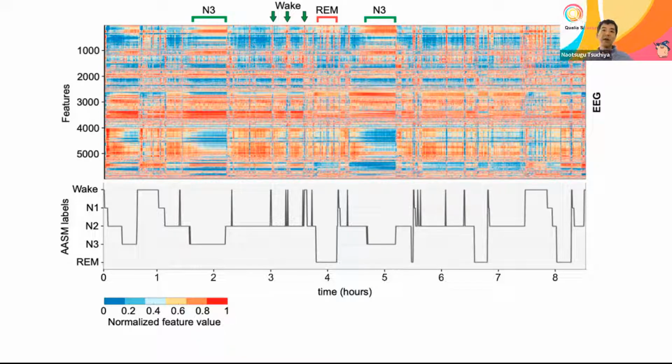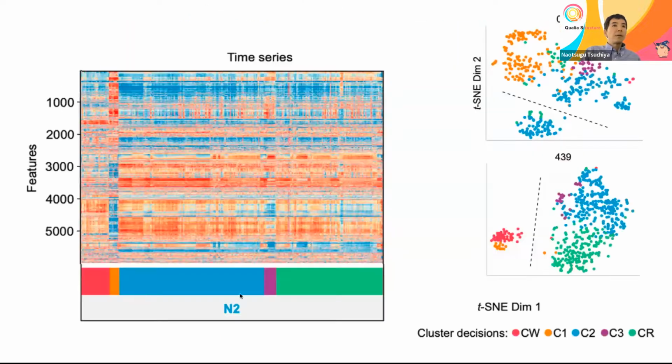In terms of the correspondence between AASM labels and feature-based clustering, it's actually quite robust. But it's also not robust in the sense that there is a kind of mismatch within N2, for example. Here, if we impose the cluster decision of 5 different ways, this is in fact one preliminary way to do it.